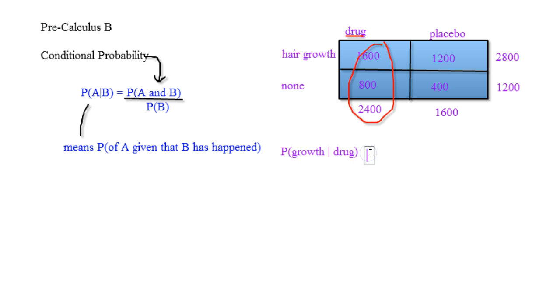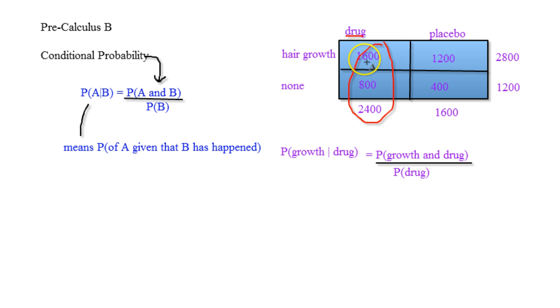So what we're going to do is take the probability of growth and the drug having been used, and then divide that by the probability of just the growth. No, the probability of giving the drug. My bad, I had to think about that for a sec. So the probability of getting the growth and the drug.